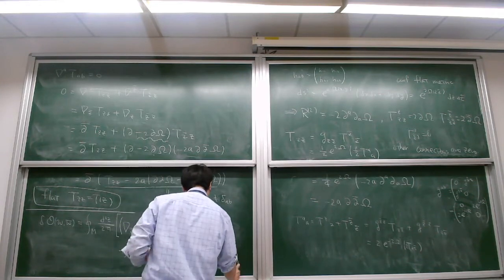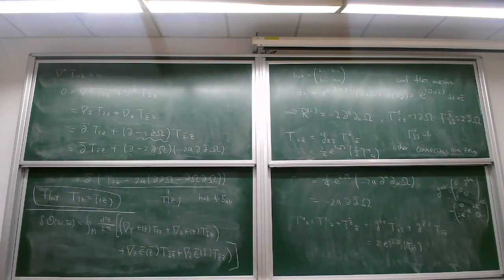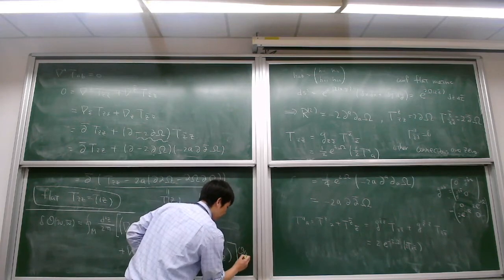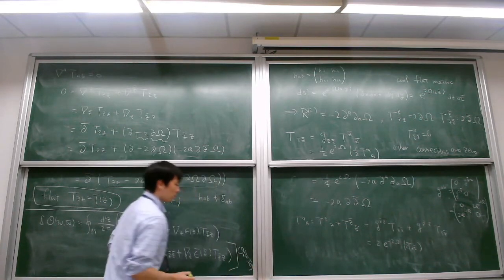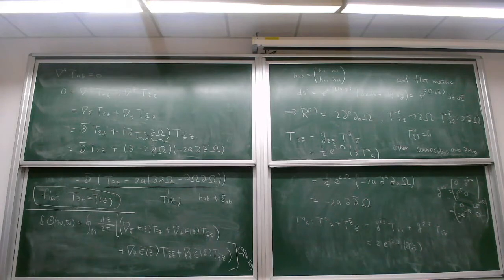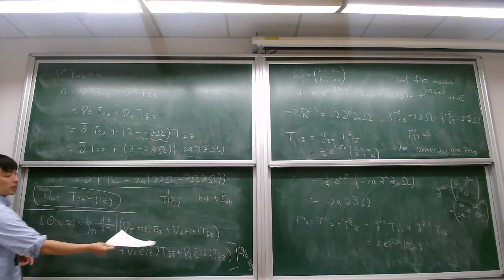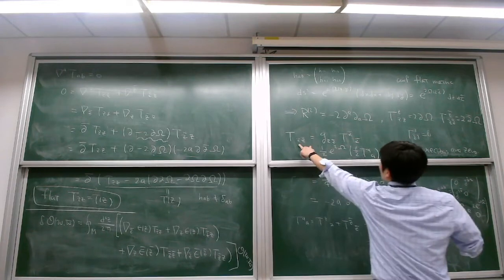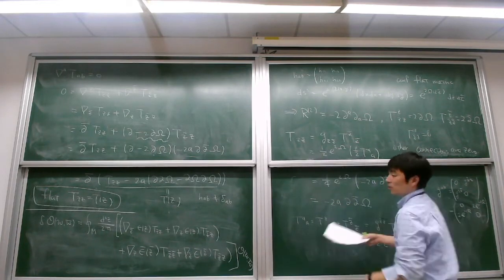Okay, so I made significant changes in this section 4, so you should take a look at the updated one. Sorry, I omitted the T operator. Okay. Now we plug T_zz into here, and also T_zz bar into here.